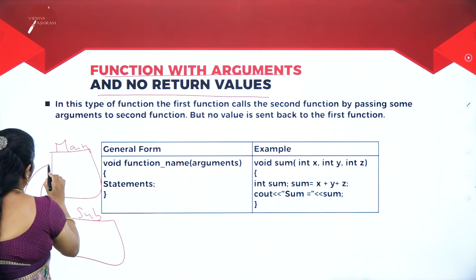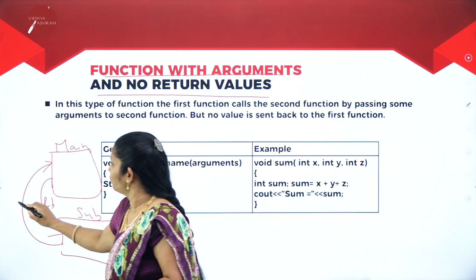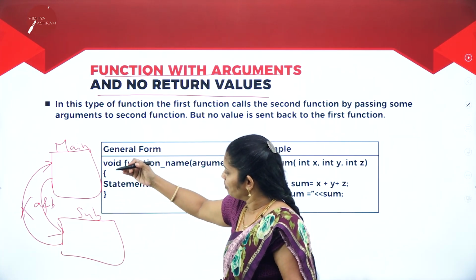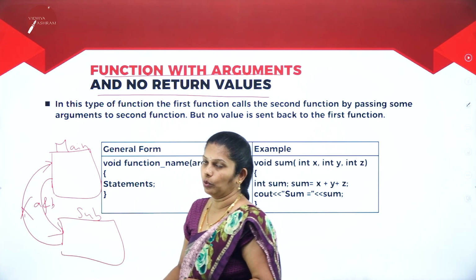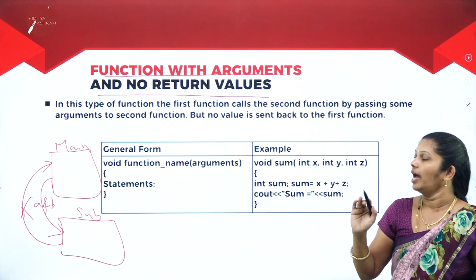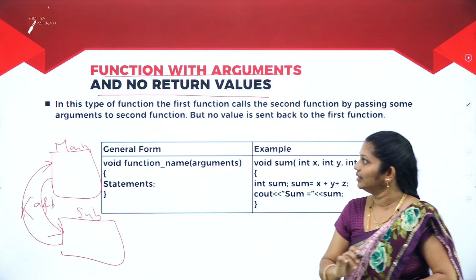From the subprogram to the main program, no values are passing. After calculation, no result is transferred from the subprogram to the main program. That is nothing but functions with arguments and no return value. Values are not returning here.